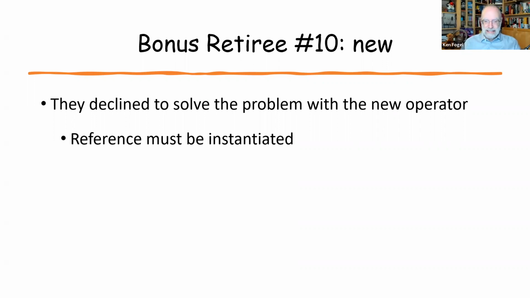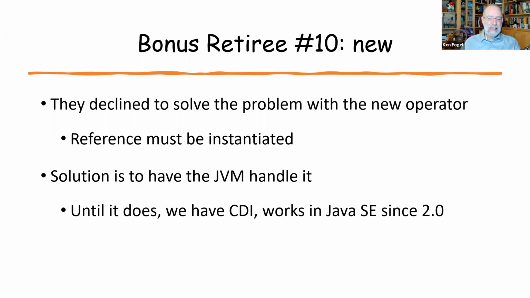You have to instantiate it. My question is, why isn't the JVM handling this the way it handles delete? Why can't the JVM instantiate the object upon first use of a reference?